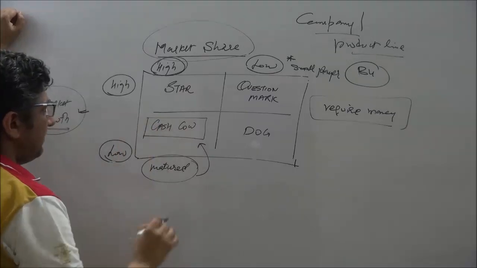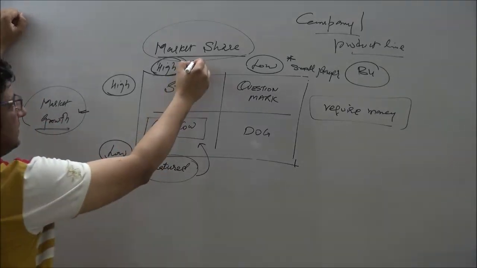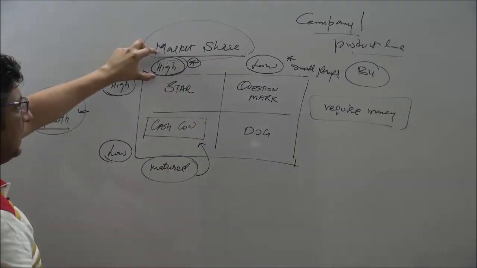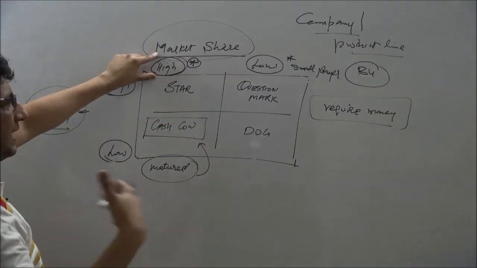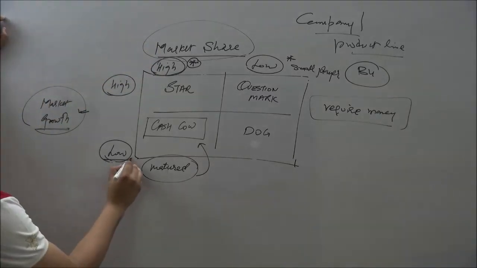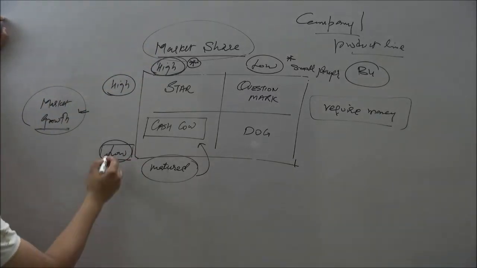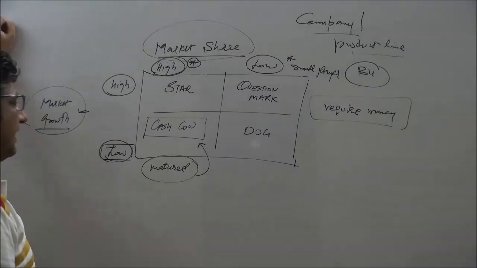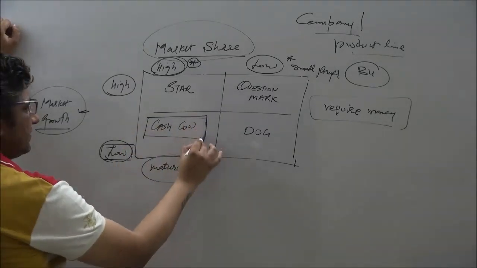I know that my share in the business is fairly stable, and it's significant as well. It's a high market share I've got, and the market growth is stable too. This market will not really grow any further, and I'm making my money out of this scenario.